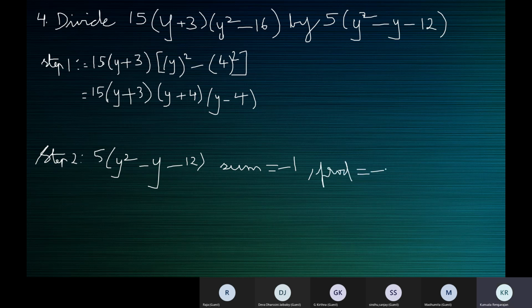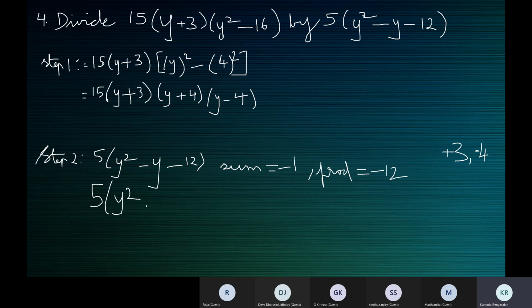Product is equal to minus 12. 3 and minus 4, ma'am. Yes, the numbers are 3 and 4, and only with these signs can they give you minus 1. So what's the next step? 5 into y square.